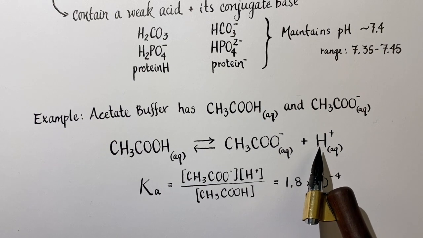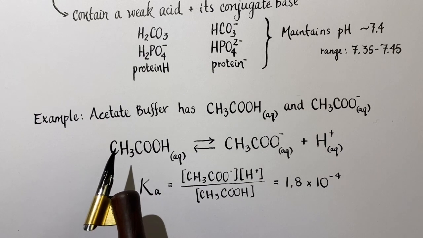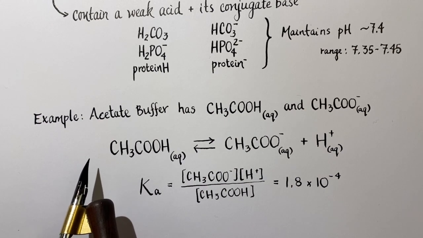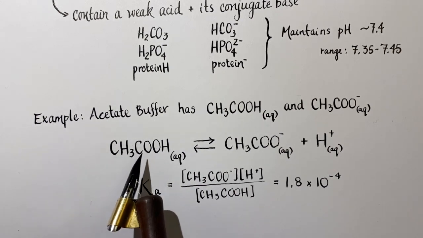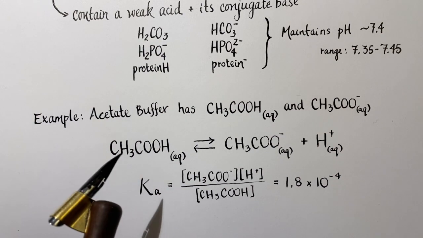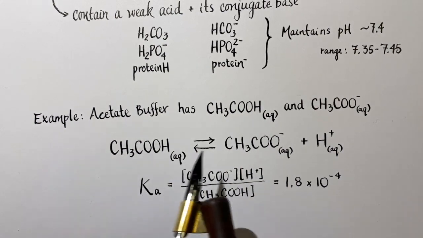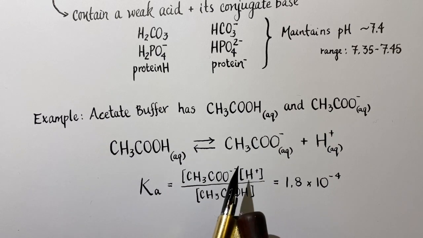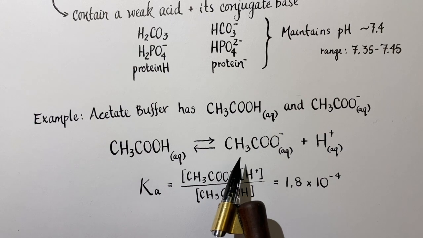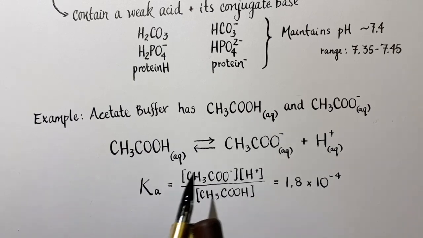If there's extra acid, shift it backwards. But also, if you were to introduce, say, a strong base like hydroxide, then you have plenty of acid there to react with the base to send the equilibrium back this way. But you're still going to have some of both of these ions ready and poised to react with either an acid or a base that you might add to either side.